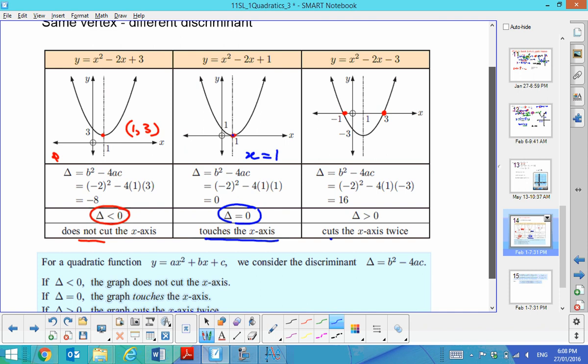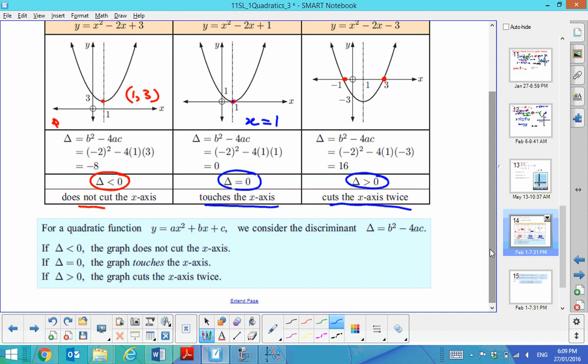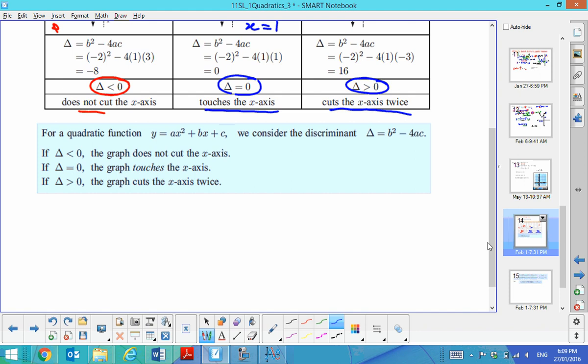The last one here, where it cuts twice, that means our discriminant is greater than 0, and we can get the two solutions either from the quadratic formula or factorising. So this is, as I said, just a summary at the end of this section. Quadratic formula, the discriminant's very important. You'll have a lot of questions based on that. Less than 0, equal to 0, greater than 0.